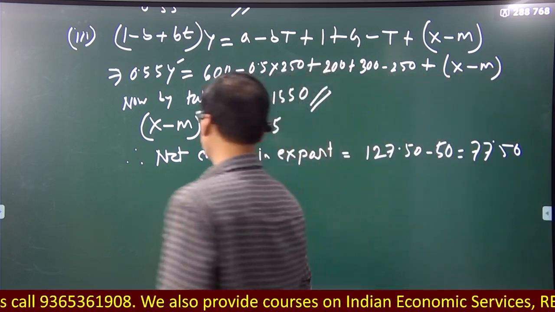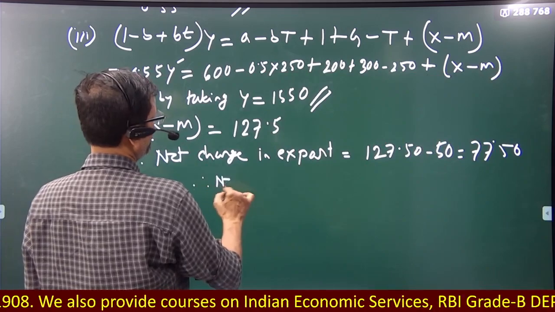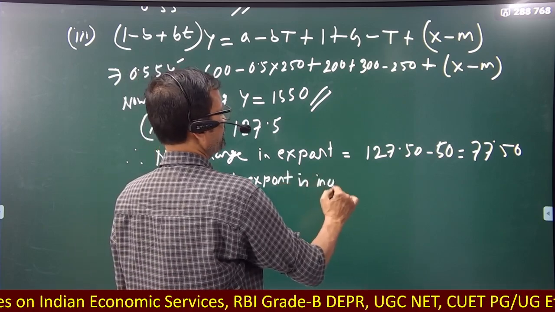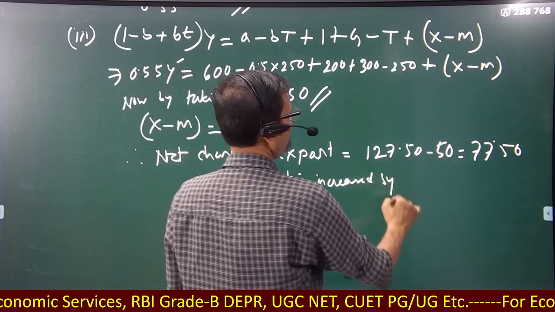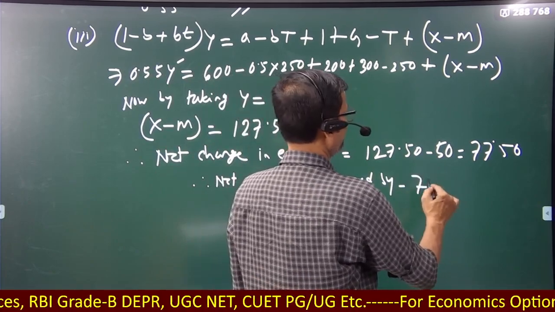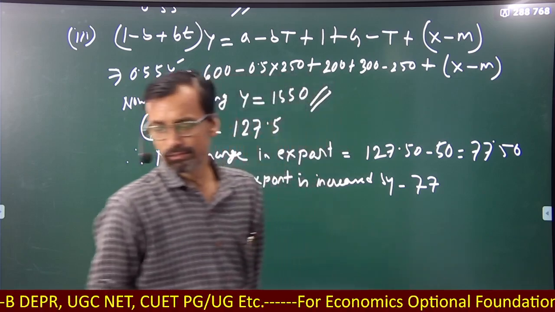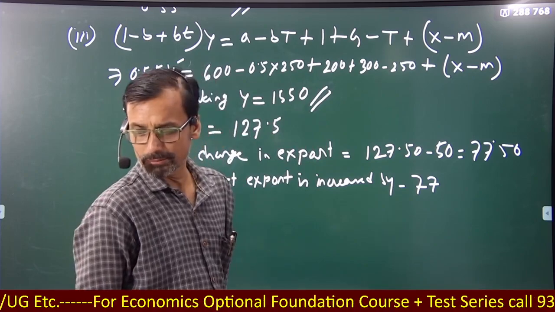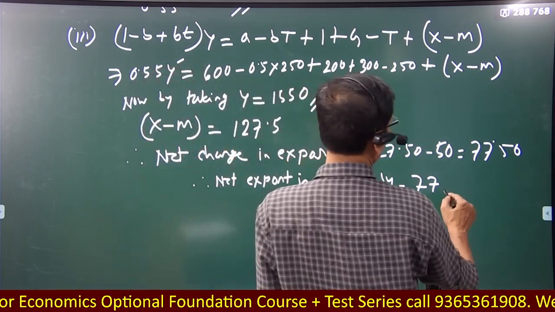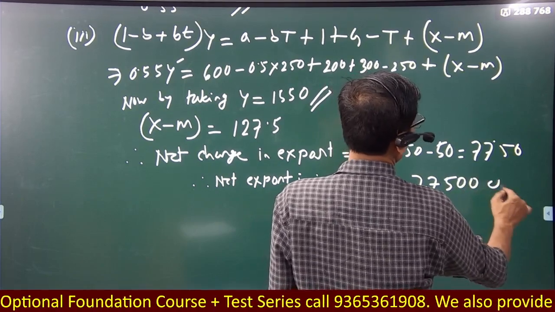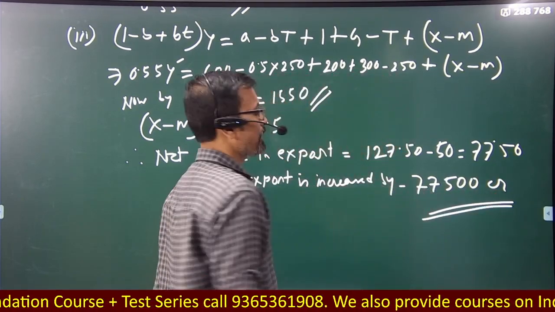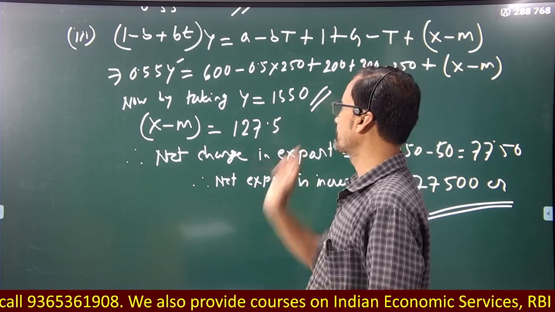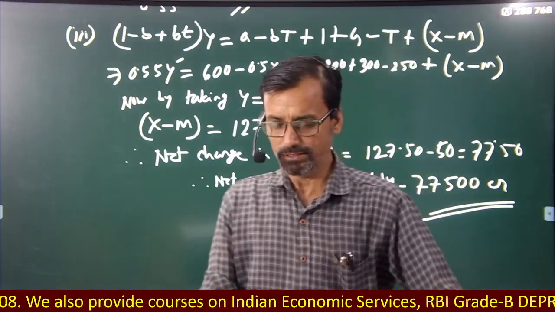So net export increased by 77,500 crore. So this much export will be increased by taking the income level of 1550. Okay, thank you.